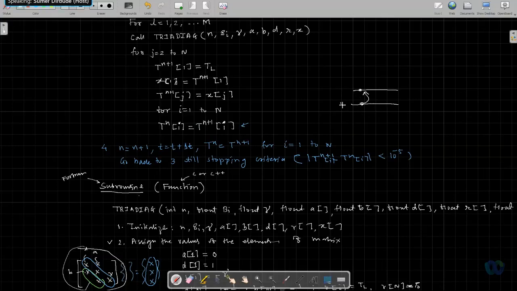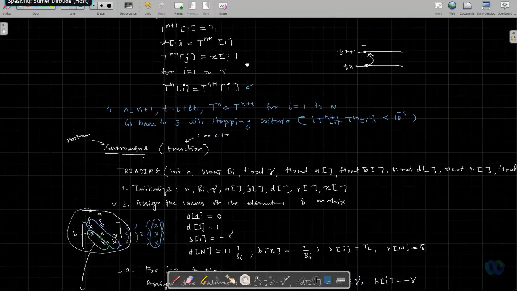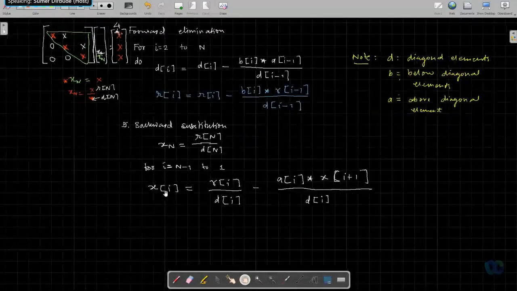Suppose t equals n and t equals n plus 1. Finally, we assign these n plus 1 values as n level values. And then again we keep on calculating. For the next time, we calculate again all x values, meaning temperature values. It's just different variables used and an exchange of information in the corresponding variables.